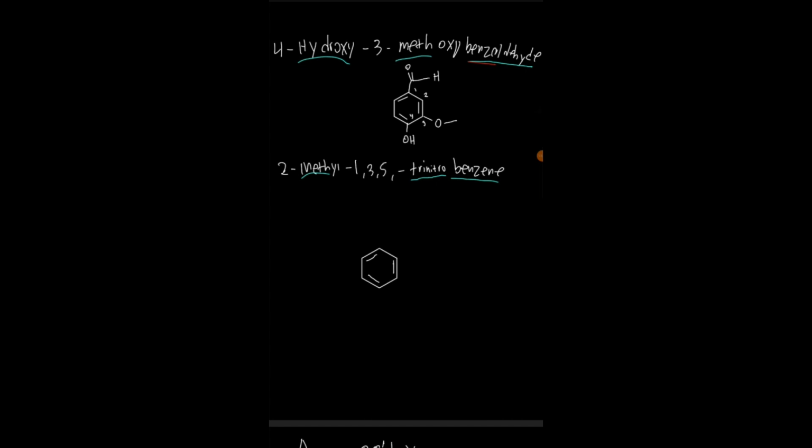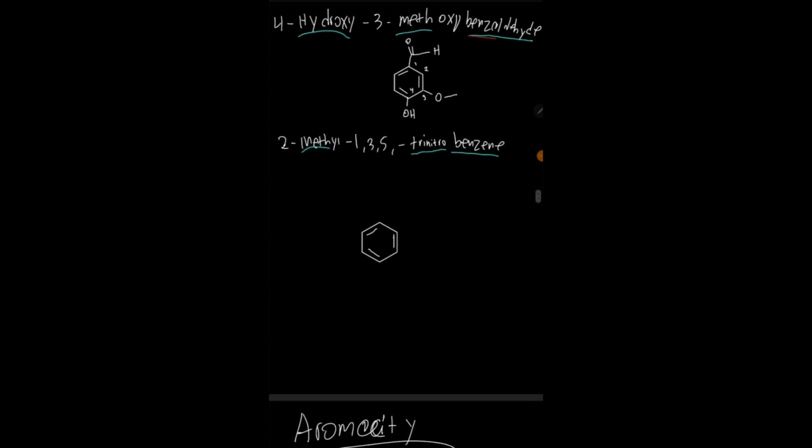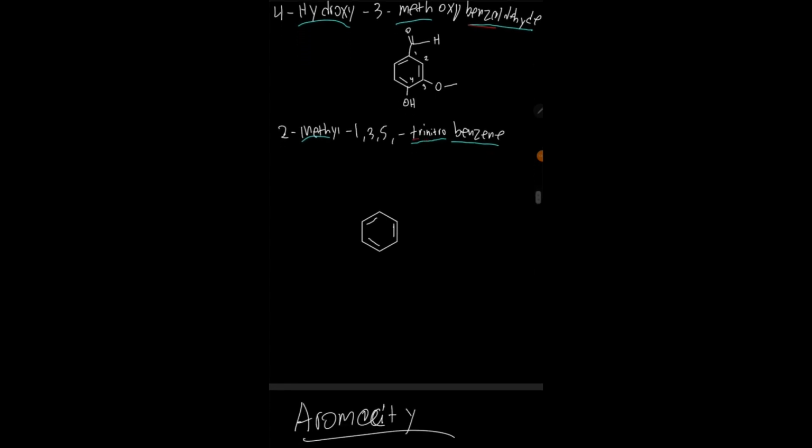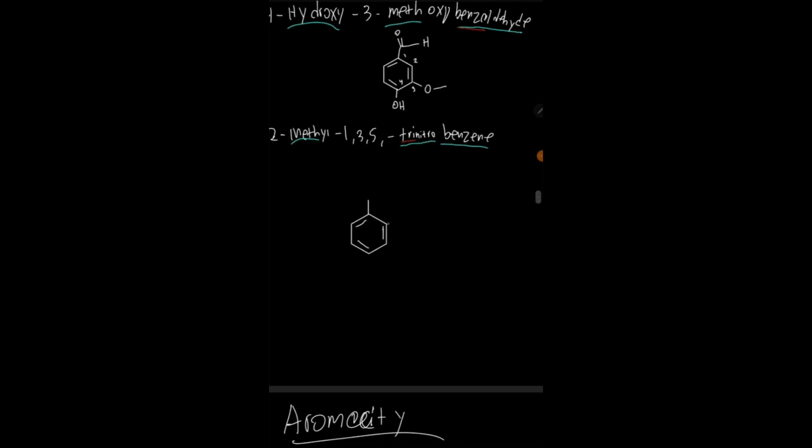We see the prefix tri, and then we see nitro, so 3 NO2 groups. Alright, so we have the first position, which is whatever you want to make it. I just make it the top. Some people make it the second position from the one I made, which is completely fine.